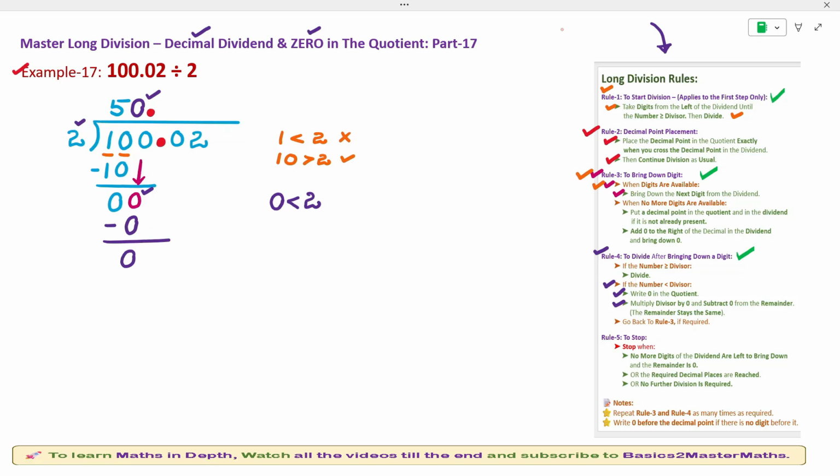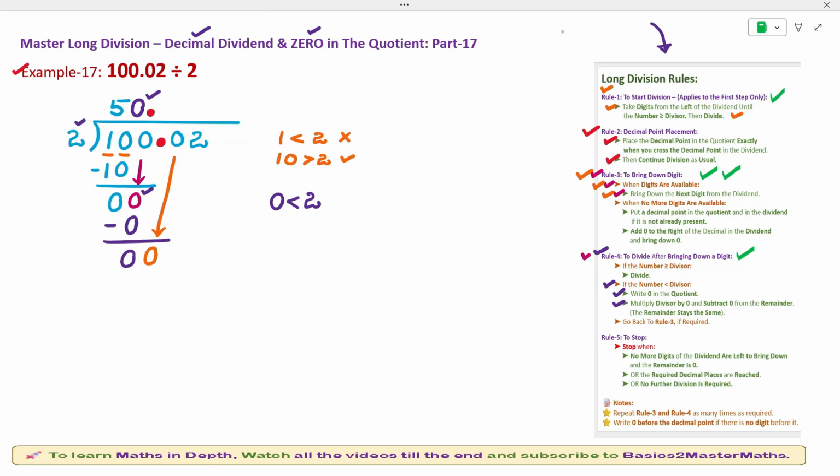When digits are available, bring down the next digit from the dividend. In this case, since the digits are available, bring down the next digit 0. Got it? Now, rule 3 is complete for the second time.